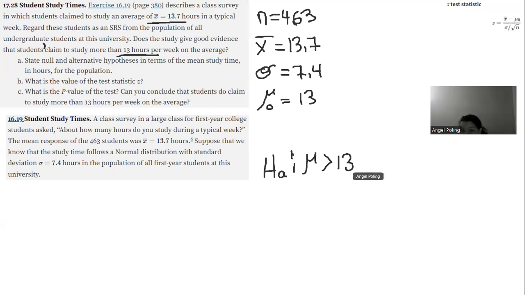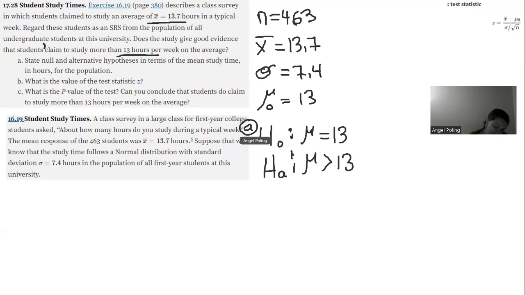That is our anchor here, right? So we get a more than on this one. The null is always that nothing has changed, right? Everything's the same. It actually is 13 hours that you study and not more. It's exactly 13 on average, as a matter of fact. Okay, so that's A, just stating our hypotheses.